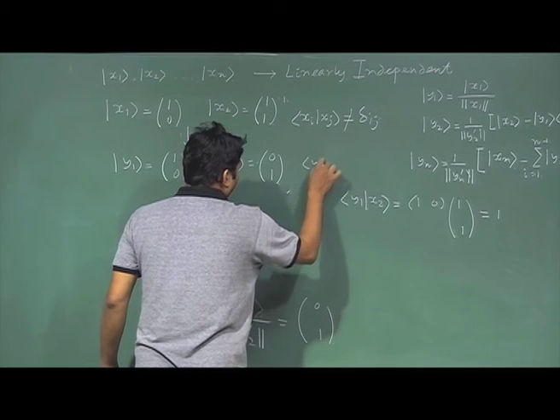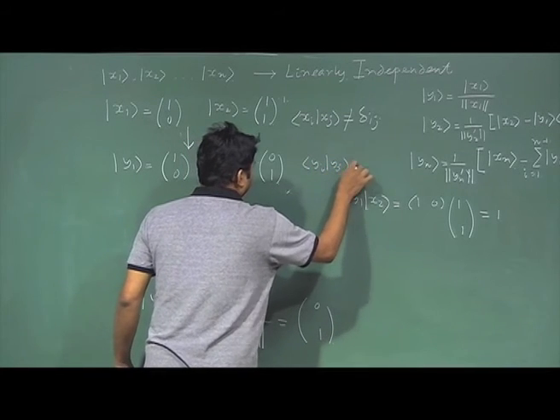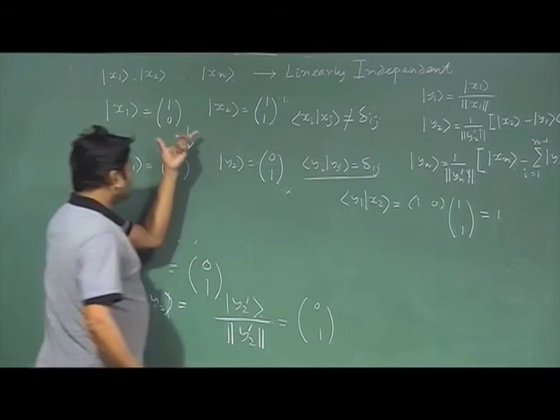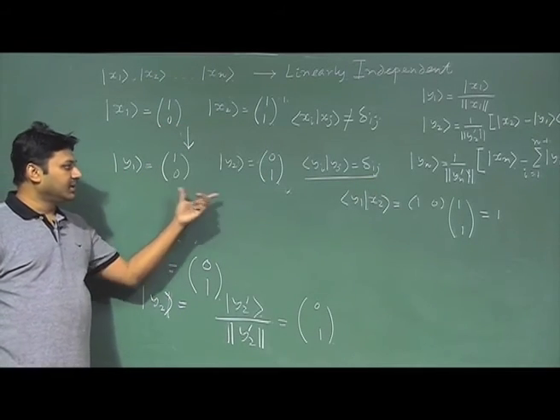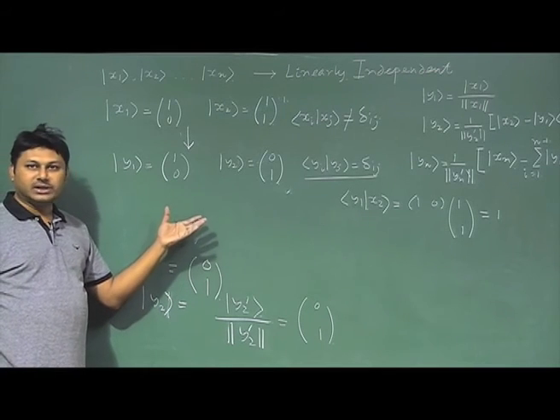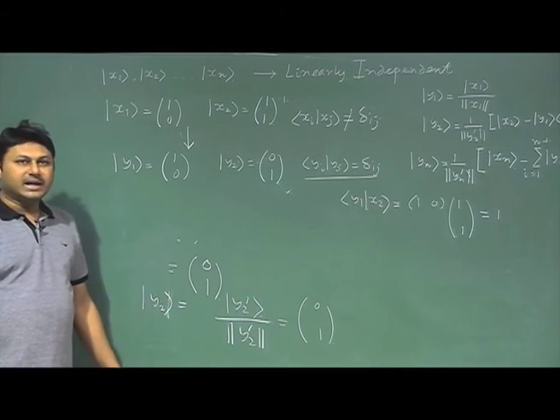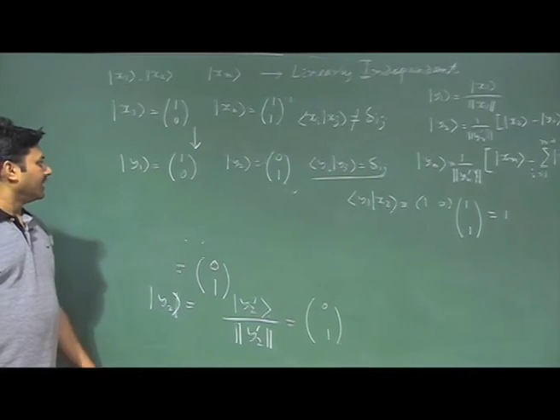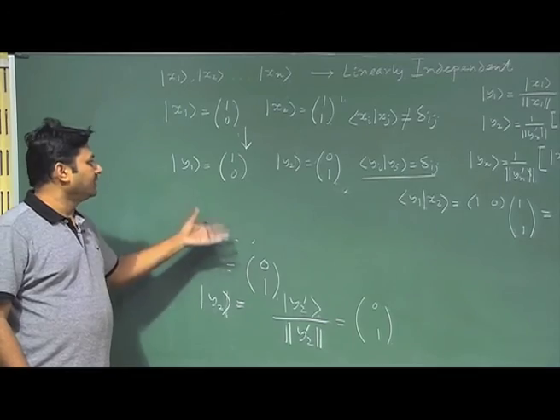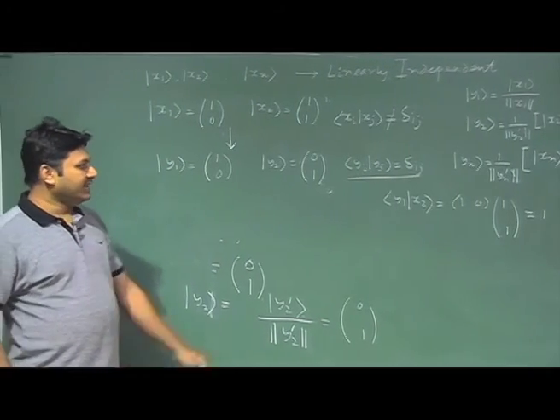Now yi, yj form delta ij. This is a 2D example; you can do it for 3D, and 4D and 5D will be more complicated.